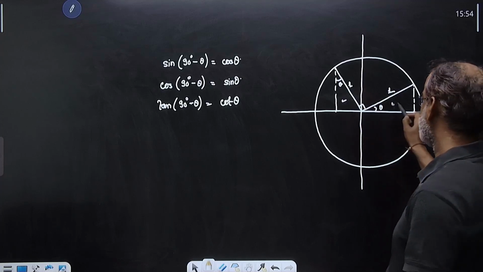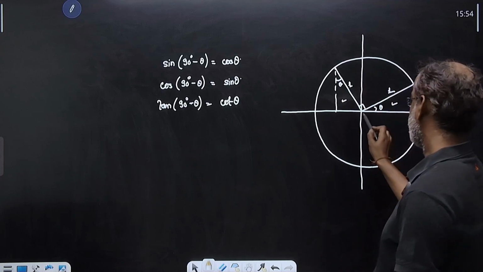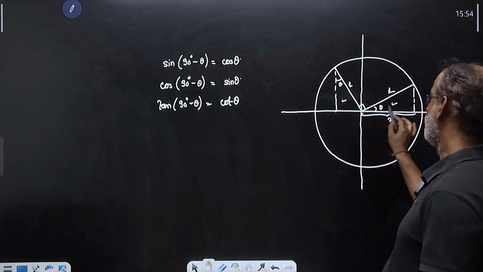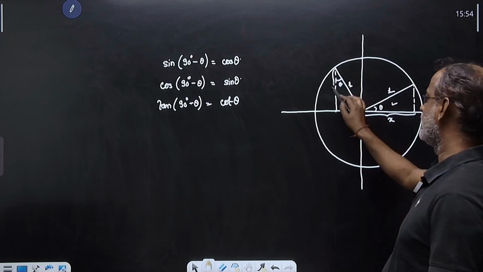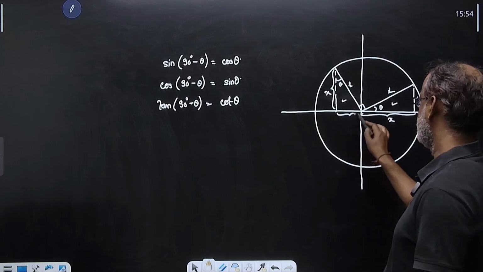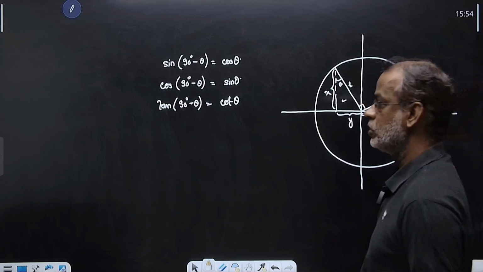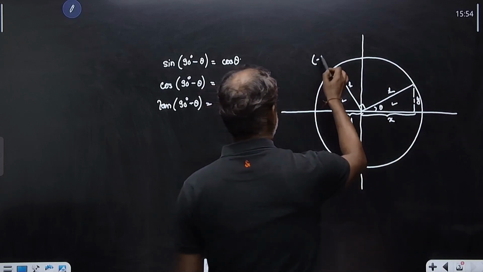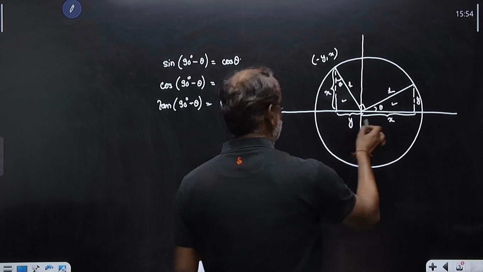So these two triangles are congruent. So if this side is x, opposite to 90 minus theta, this side is x. This is y, so this would be y. So what are the coordinates at this point? If this is x comma y.